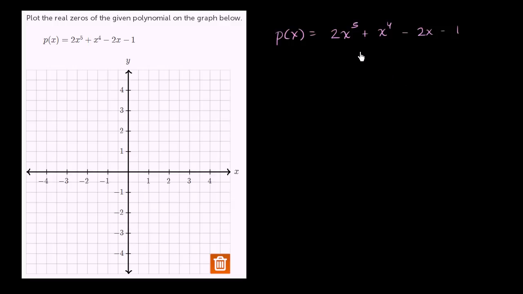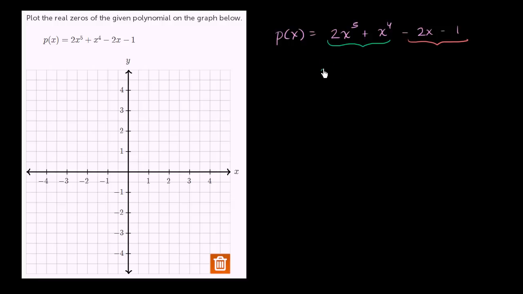And so let's think about it a little bit. What happens if we essentially try to group these two terms and we group these two terms right over here, and we try to factor out anything to essentially clean it up a little bit to see if we can make sense of it? Well, these two terms, the greatest common factor is x to the fourth.